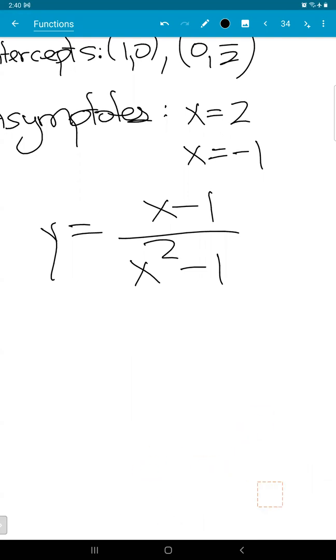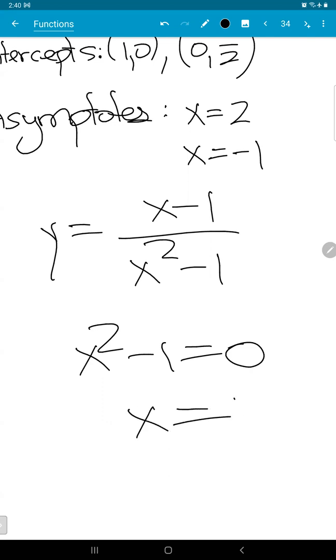Why? Anyone? Ine-equate mo sa 0 ito, makukuha mo 2, but isa lang dyan talaga yung vertical asymptote. Why? Anyone can explain to me why?